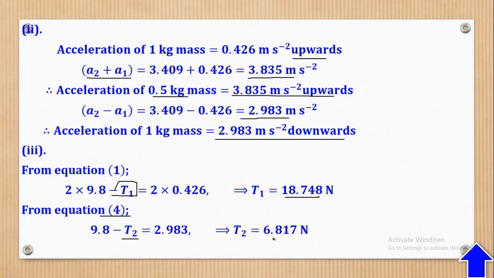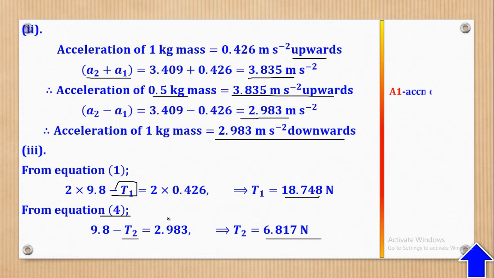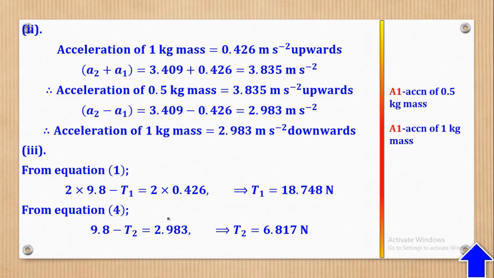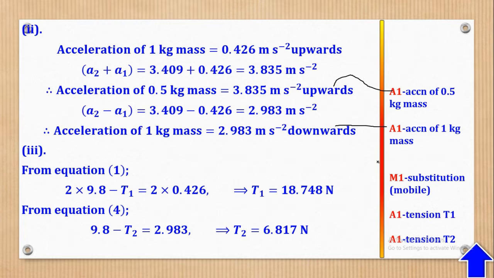Therefore T2 is equal to 6.817 newtons. So basically that's what they wanted, and now let's see how much can be awarded. This one for this, and this one for that. This M1 is mobile, meaning you can give it at this step or at that step. Then A1 for T1 and A1 for T2.